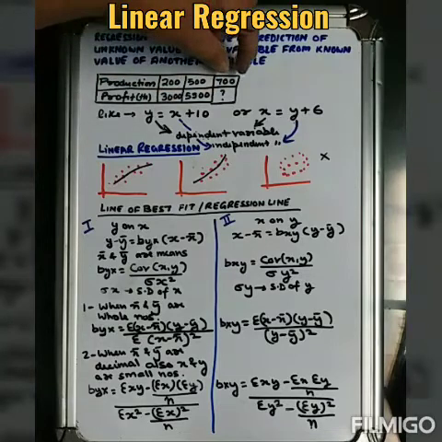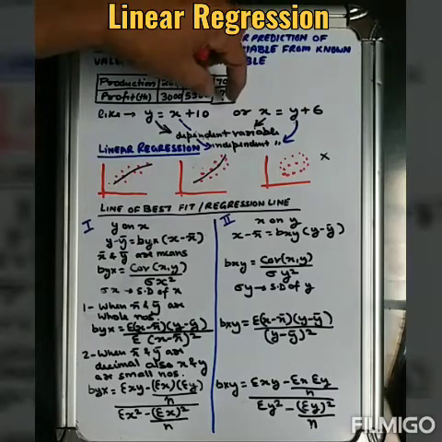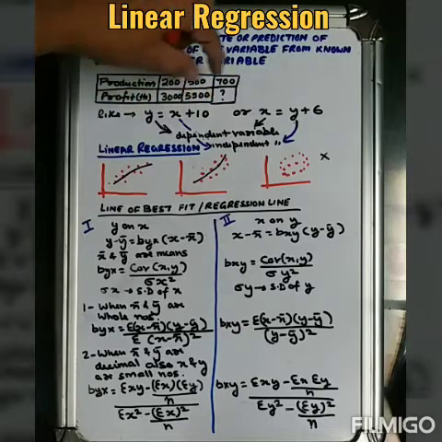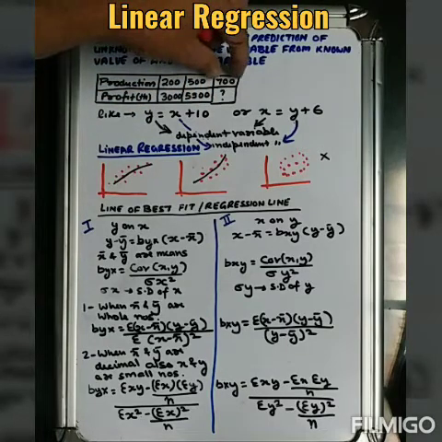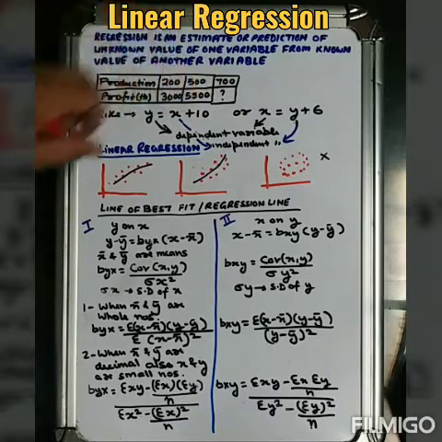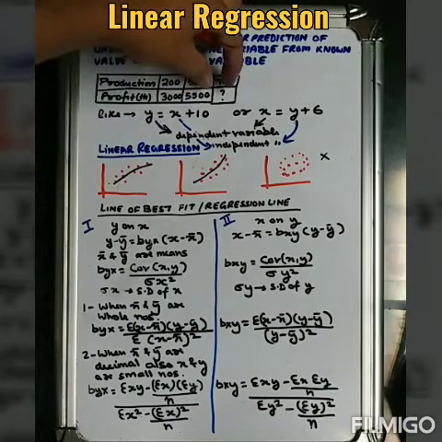Suppose we are going to produce 700 articles, then what will be the estimated profit? That will be calculated with the help of regression lines like this. Suppose if we put the value of x as 300 here, then we get the value of y. So the regression line gives the approximate value like this.